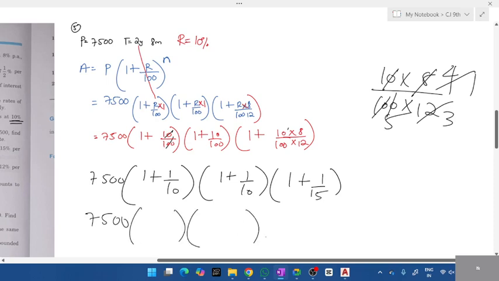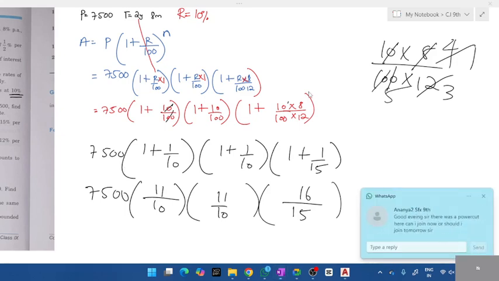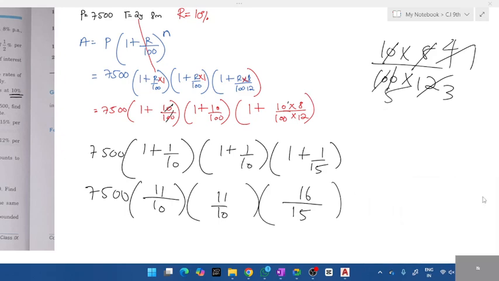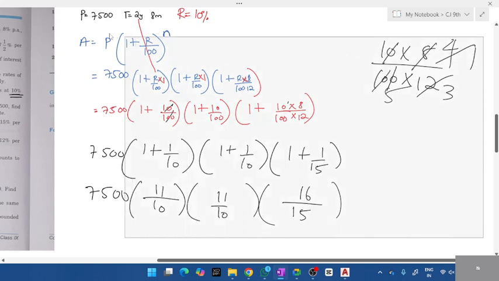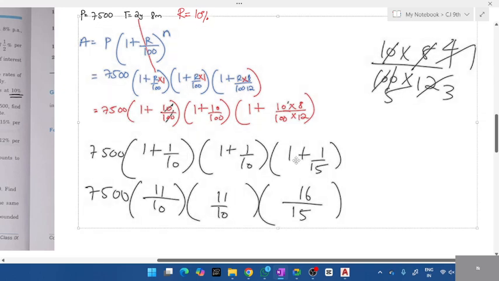Take LCM. 11 by 10. 11 by 10. Angel, what did you get? What's the answer, Angel? Yes, talk a bit loud. Till here, is it correct? Did you get the answer right? Till here?